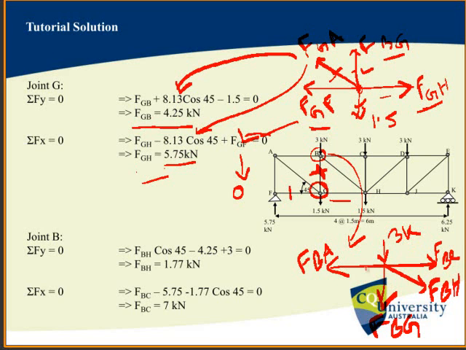In this figure we can write the equilibrium equation for summation of Fy equal to 0, if BH equal to cos 45. For the vertical force we have to consider this 3 kilonewton, FBG and FBH.